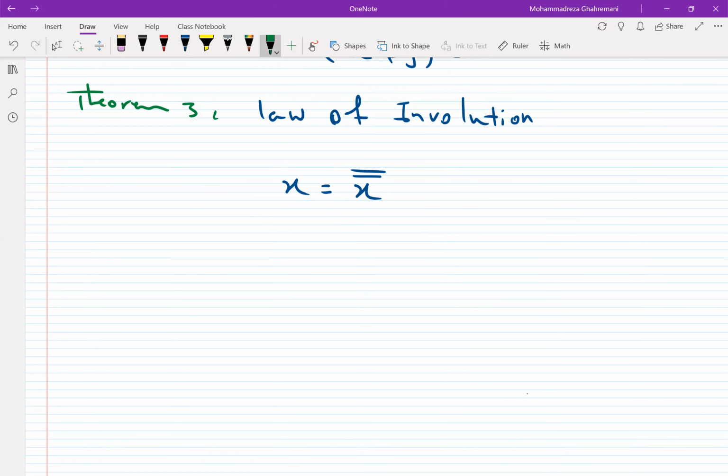The fourth theorem, which is the most important one, is called De Morgan's law.